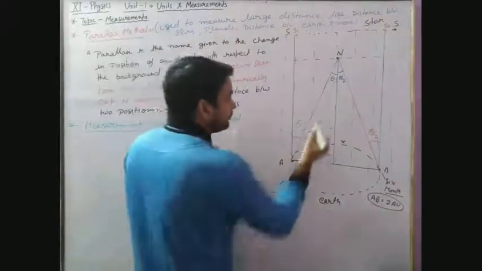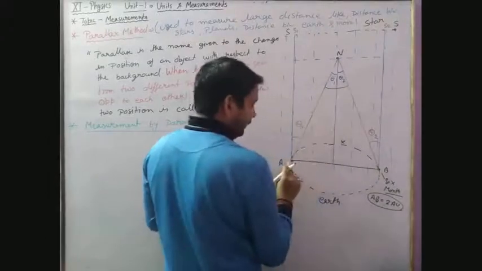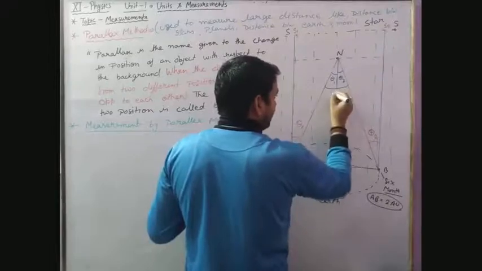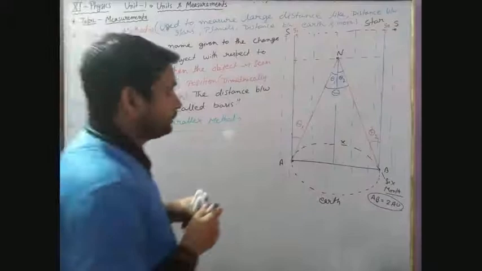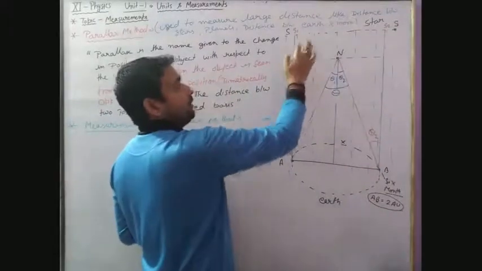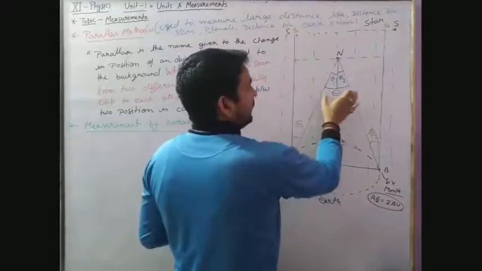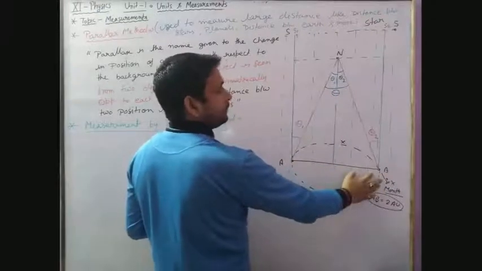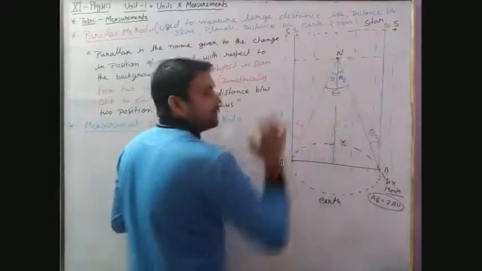Now the total angle between the points A and B is theta. By measuring these two angles, assuming a far star like that, we can measure the angle theta between the 2 diametrically opposite points on the earth.